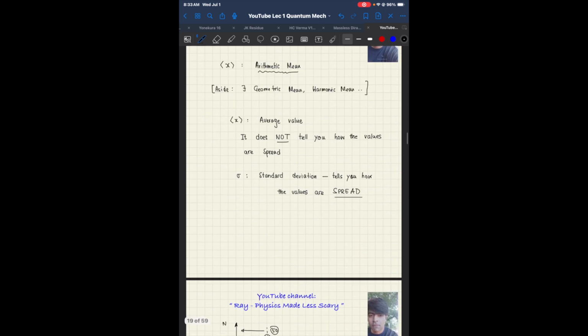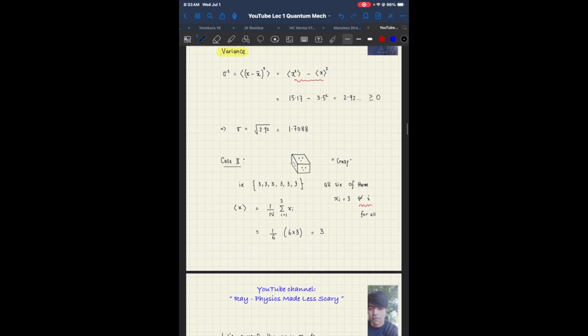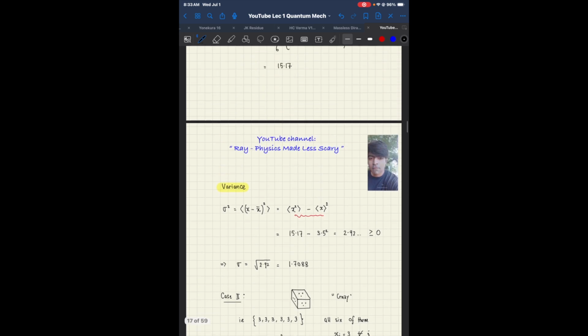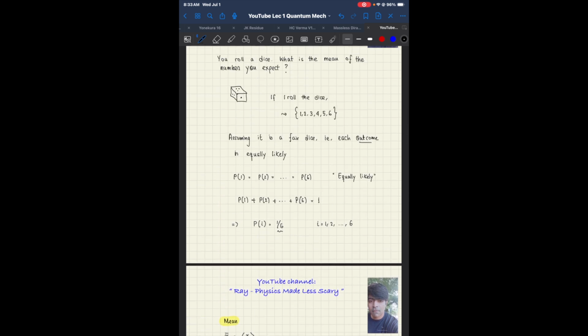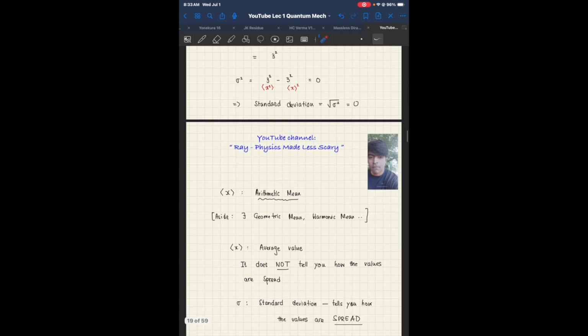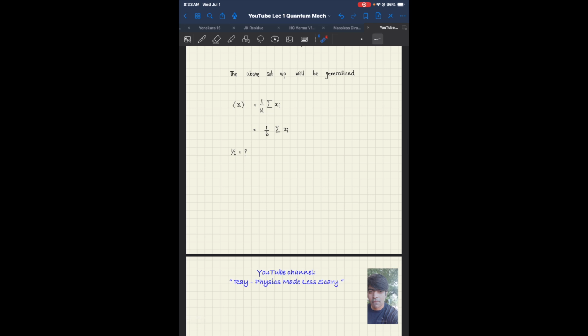Well, if you go back a couple of pages, you see the 1/6 was actually right here. It's the probability, right? And it was 1/6 because all events were equally probable. So in hindsight, this 1/6 is the probability, right? Is this clear? This is important. This 1/6 was actually the n inverse. 1/n was actually probability. So 1/n for equally likely events is basically the probability, right?